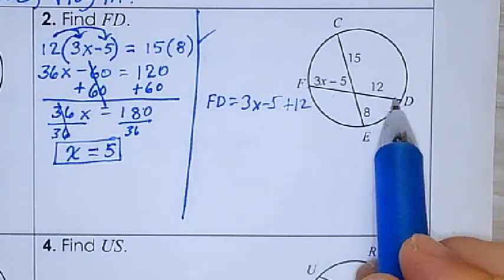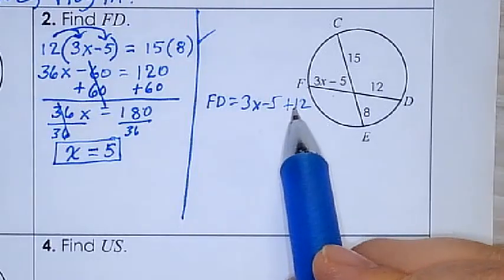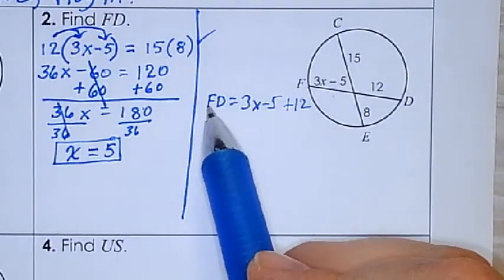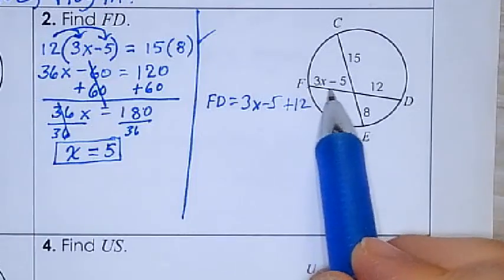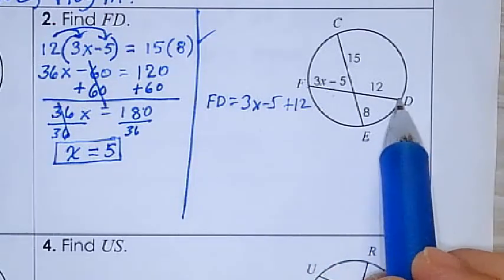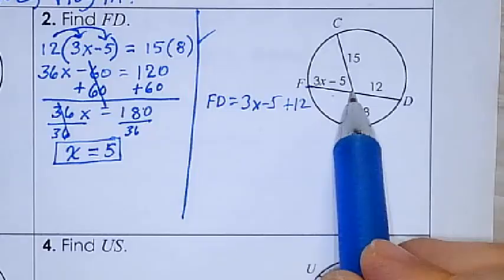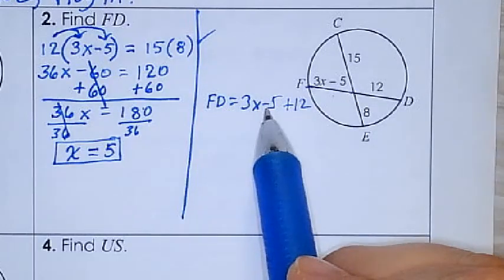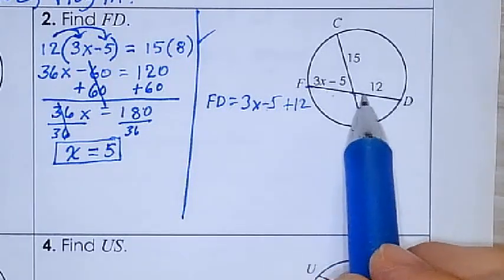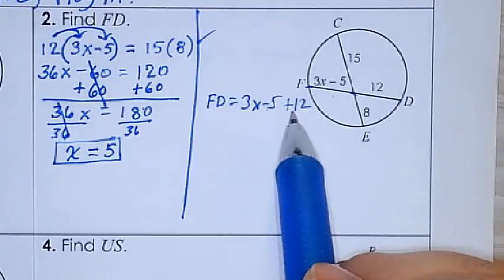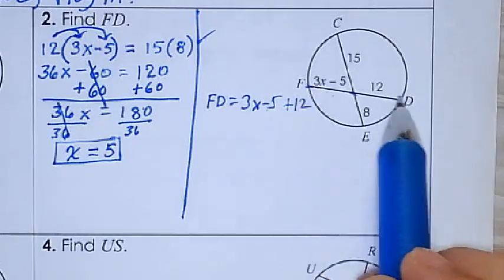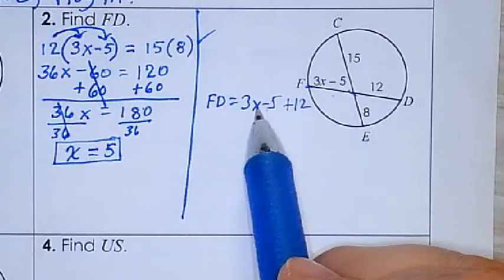The distance from F all the way to D is the addition of this segment, 3x minus 5, plus this segment, which is 12. And I wrote it like that. And then if you want to simplify that, you can.